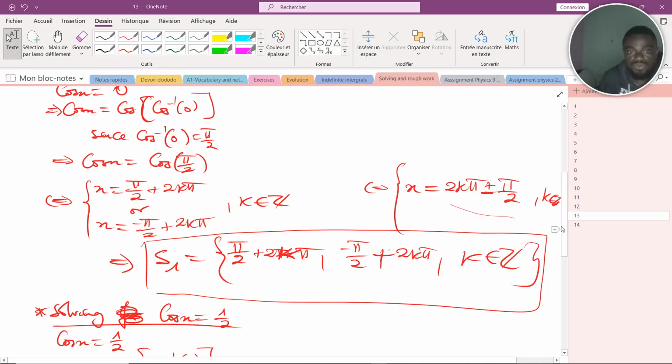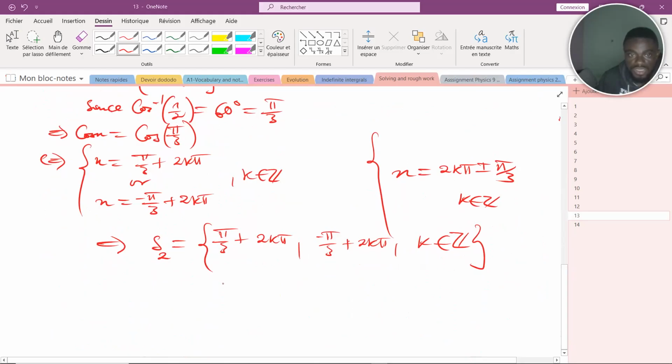For the first one, you can decide instead of giving that, you give S1 as the general solution 2k pi plus or minus pi on 2, where k belongs to Z. Is that okay? Here also, you can use S2 equal to 2k pi plus or minus pi on 3, where k belongs to Z.